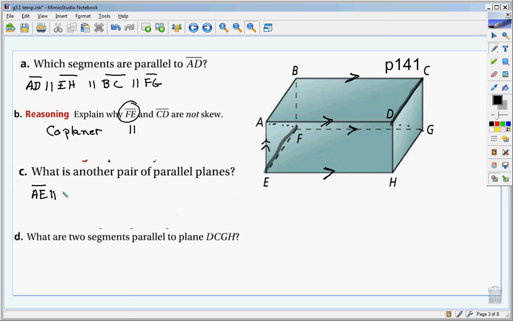DH would be parallel to it. What else would be parallel to it? CG. Segment CG would be parallel to it. And BF would be parallel to it.